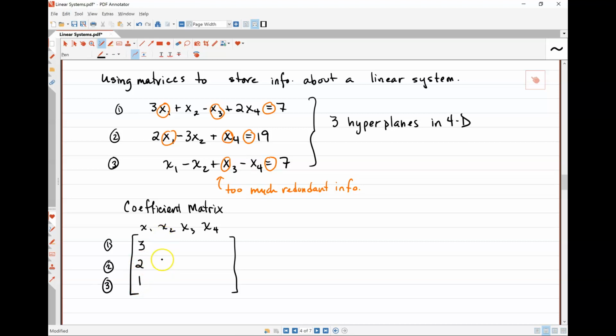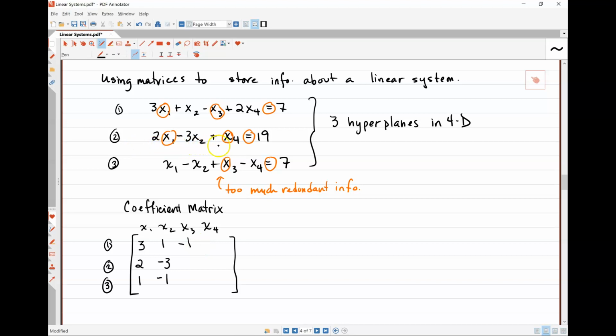In the second column, we're going to store the coefficient information about x2 in all these equations. The first equation has coefficient 1, the second one has coefficient minus 3, and the third one has coefficient minus 1. These are for the x2 terms. For the third column, it's going to be the information about the third variable. So this is minus 1. And be careful looking at equation 2.